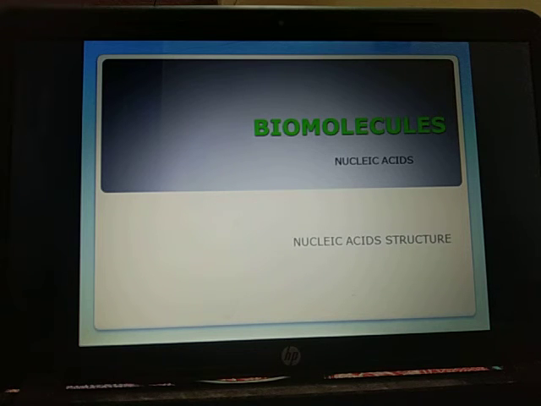A deoxyribonucleotide of DNA is formed by cross-linking of three chemicals, that is phosphoric acid H3PO4, deoxyribose sugar, that is C5H10O4, and a nitrogenous base. Four types of nitrogenous base occur in DNA.